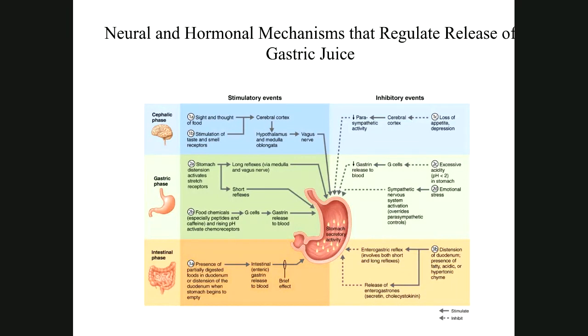The gastrin then will stimulate the parietal cells and activate enzyme secretions. And it also stimulates endocrine cells to release some hormones such as histamine.